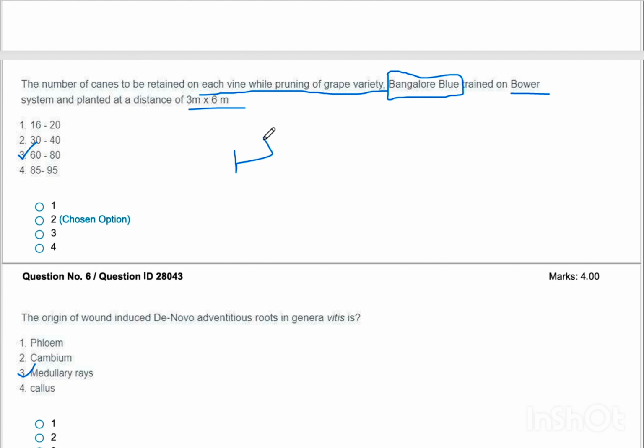In the handbook of horticulture, in the introduction portion, we have a pruning and training portion, that is chapter 18. In that, you will get a table about the pruning intensity, in which the variety, the distance of planting, system of training, number of canes to be retained on each vine, and number of buds to be left per cane are mentioned very clearly.